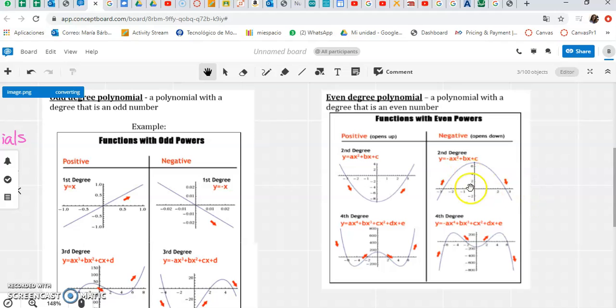As you can see in the parabola, the ending behavior is falling to the left and falling to the right. So we have the same thing with the fourth degree. And also it's going to be the same ending behavior for the sixth degree, the eighth degree, all the even degree polynomials, okay? So here we have, it is falling to the left and falling to the right with the 4 real number roots, 1, 2, 3, 4.